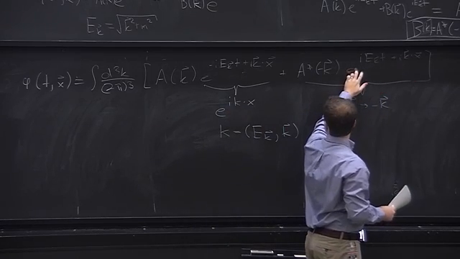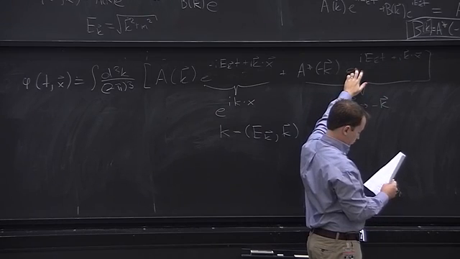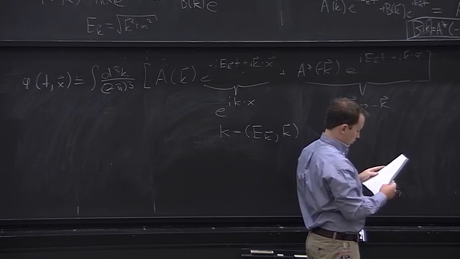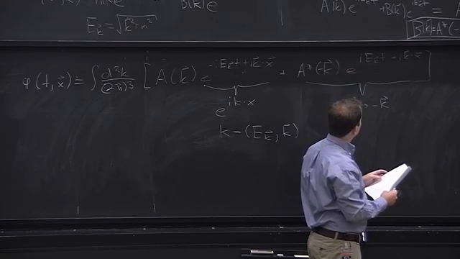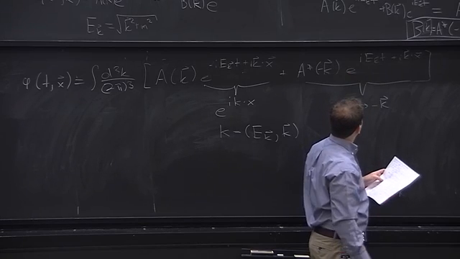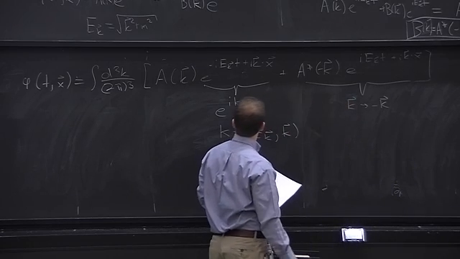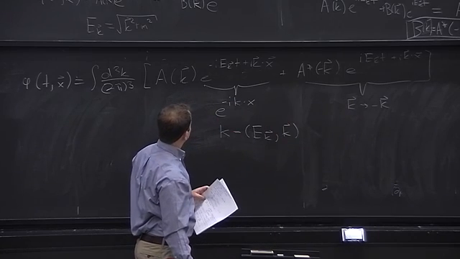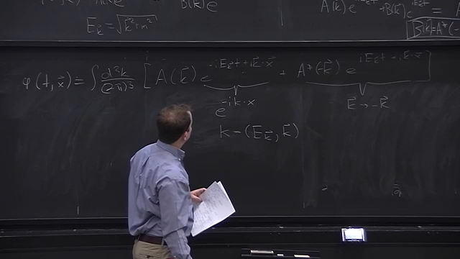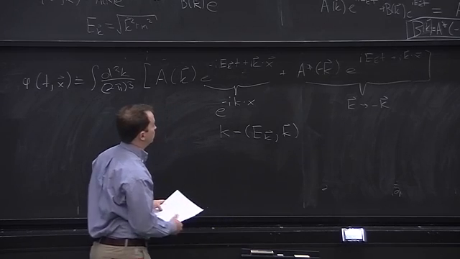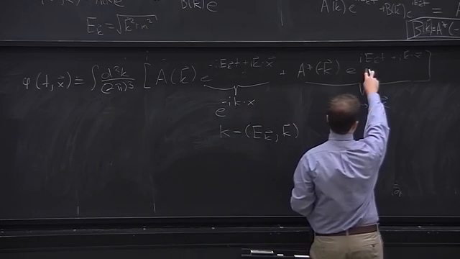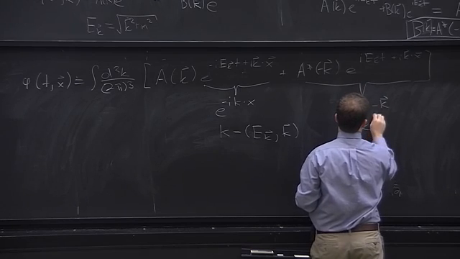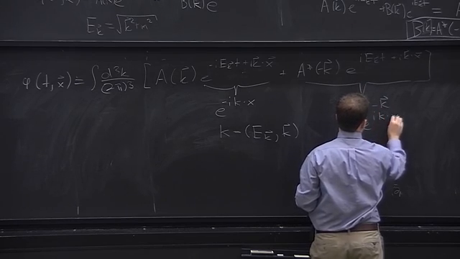So here we'll get a minus sign? Should be a minus sign. Okay. Mostly using the mostly minus signature. So if we do that, here we'll get e to the i k dot x.